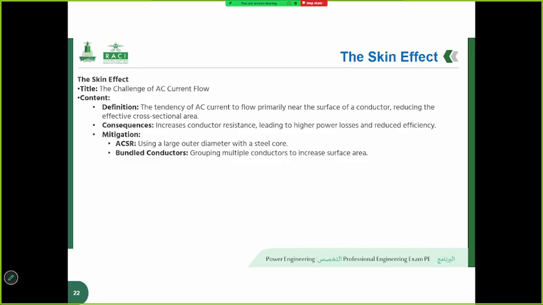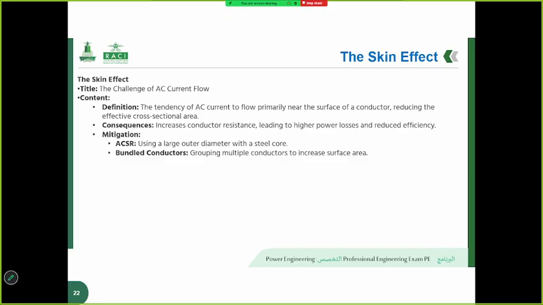So the skin effect is the tendency of AC to flow primarily near the outer surface, or skin, of the conductor. In a DC system, current is distributed uniformly across the entire cross section of the conductor.